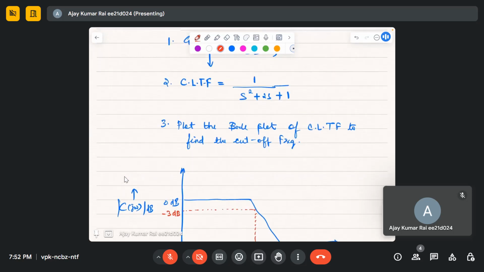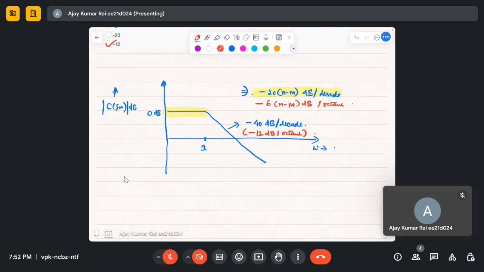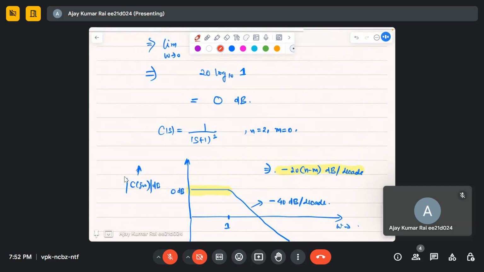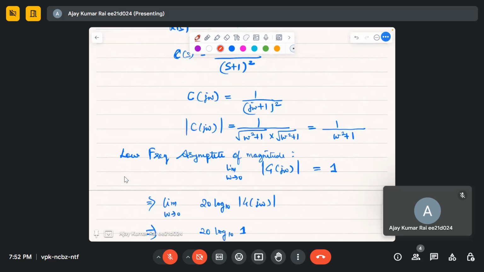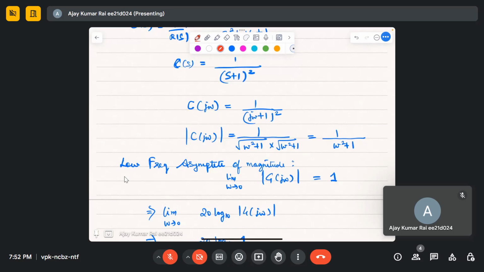Okay, and what is the magnitude? In the previous question we have found out this, 1 by, I will just highlight this. This is the closed loop sinusoidal magnitude. Let's copy this.